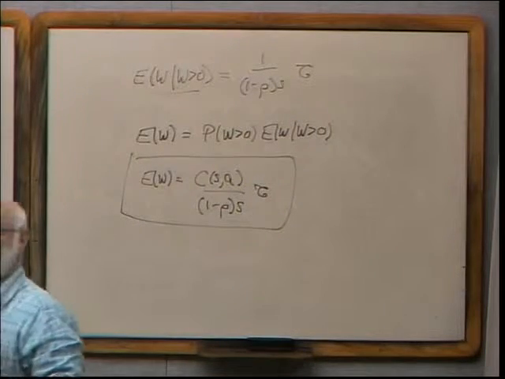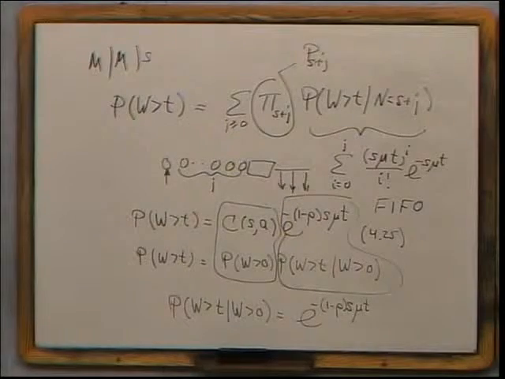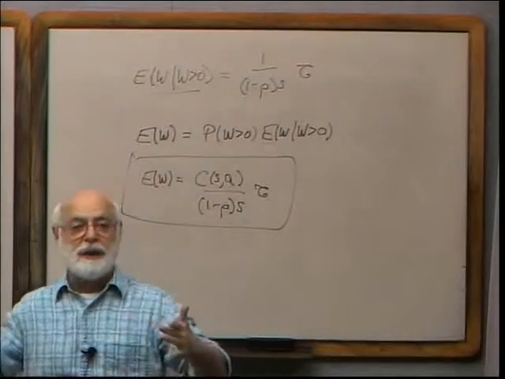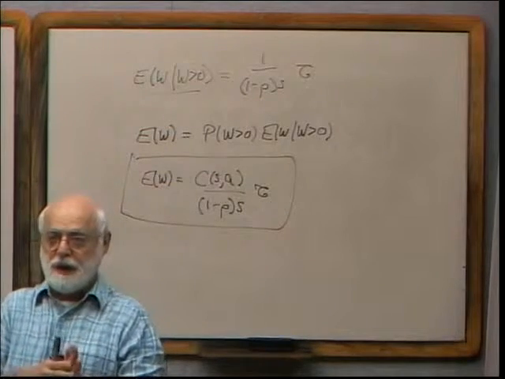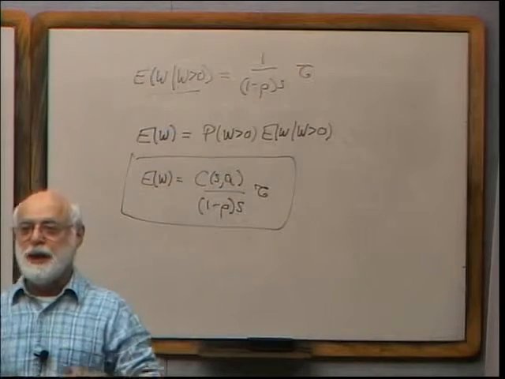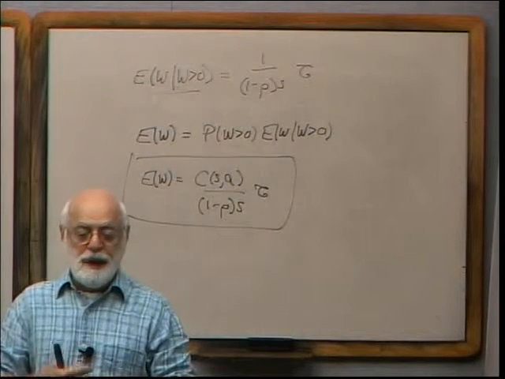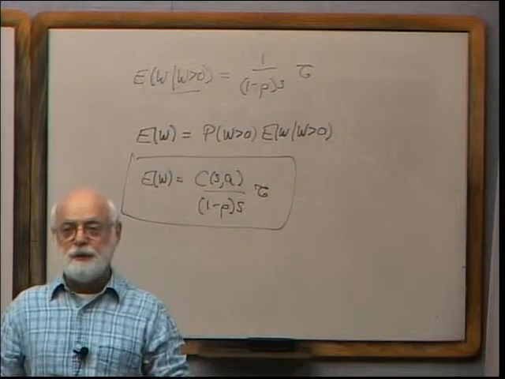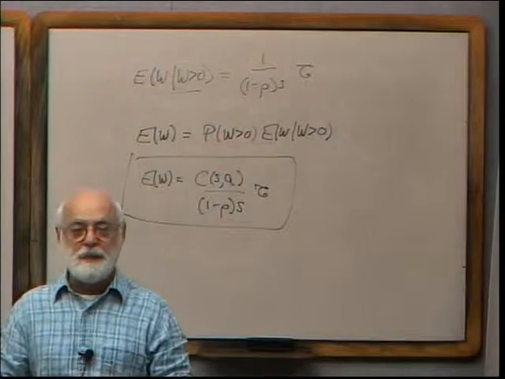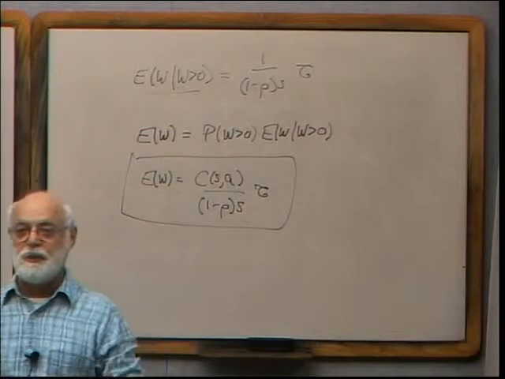That means if you're in a queue and there's a queue in front of you, but you don't know how long it is, you have no information except that there's a queue in front of you and it is being served FIFO, then no matter how long you wait, the distribution of your remaining waiting time is still exponentially distributed with the same parameter as before.